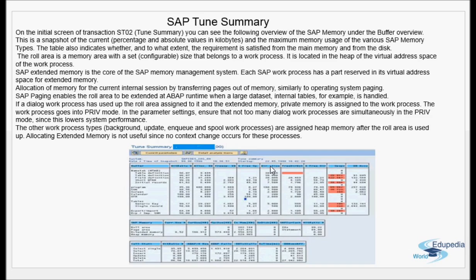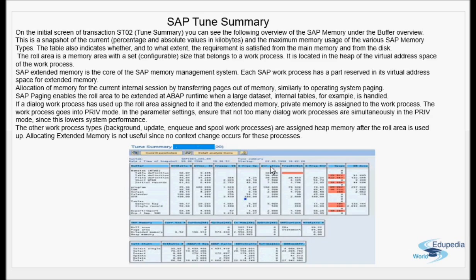Then we'll see the different types of SAP memory like the roll area, the paging area, the extended memory, and the heap memory. If you go to the current analysis or detail analysis, you can compare them across different servers or across different days. ST02 is mostly for tuning purposes.